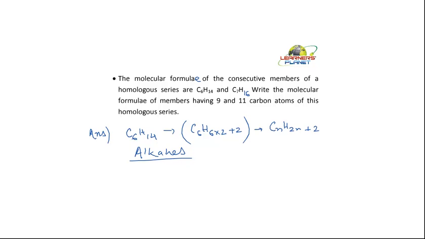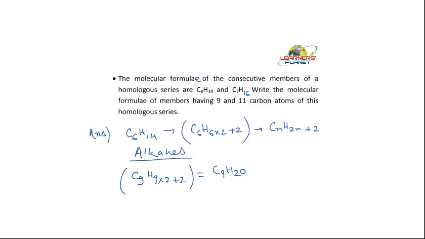So what will be the formula of the compound with 9 carbon atoms? That is C9, and how will we find out the number of H? C9, H is 9 multiplied by 2 plus 2. So what we will get is C9H20.